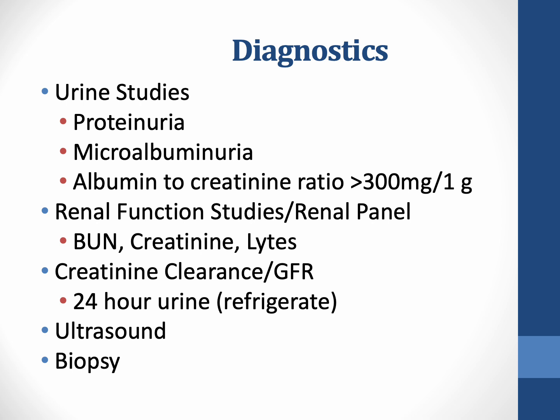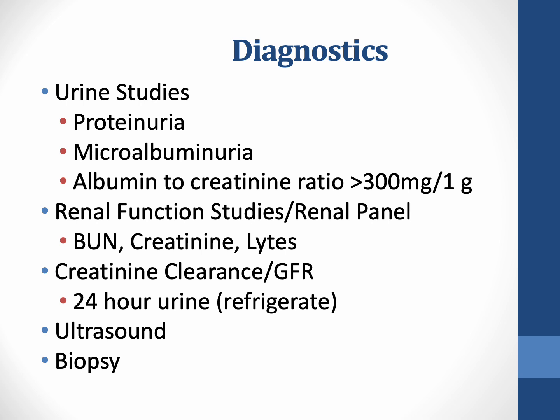For diagnosis in CKD, urine studies focus on detecting proteinuria and microalbuminuria, and an albumin to creatinine ratio greater than 300 milligrams per 1 gram indicates significant kidney damage.